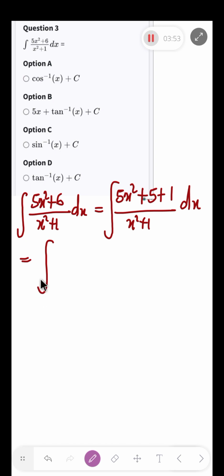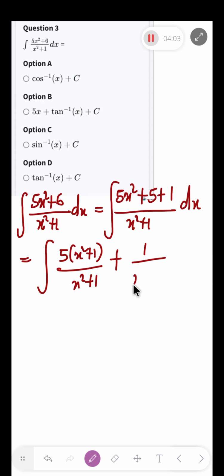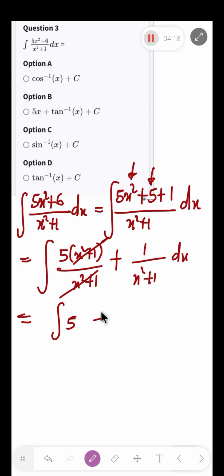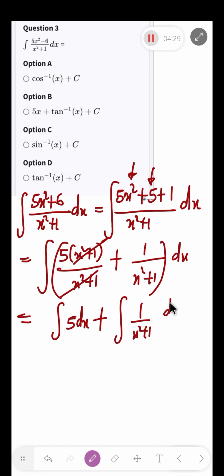So 5 is common, then you have x squared plus 1 for these two terms, and you have x squared plus 1 down here, and finally you are left with 1 over x squared plus 1 dx. I picked these two terms: 5 is common, you have x squared plus 1, then plus this one here. Now this cancels this, so I integrate 5 dx plus integrate 1 over x squared plus 1 dx.